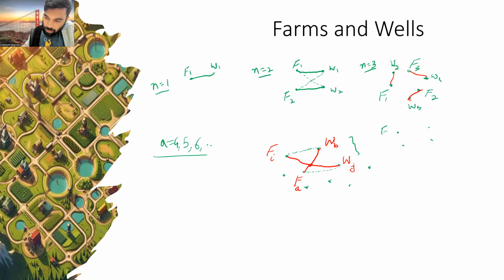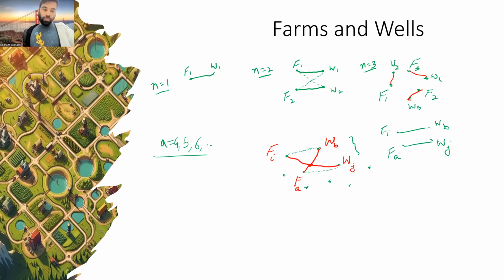This will be F_I. This will be F_A. This will be W_B, and this will be W_J, and you will have these roads now. So what have we done? It seems like the crossing that was causing us a problem, we got rid of it. Right? We got rid of the crossing.